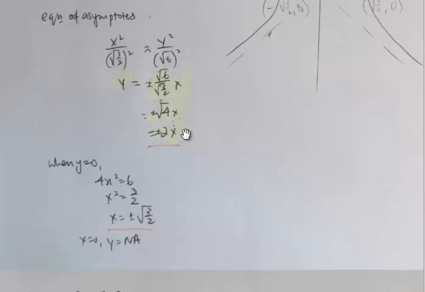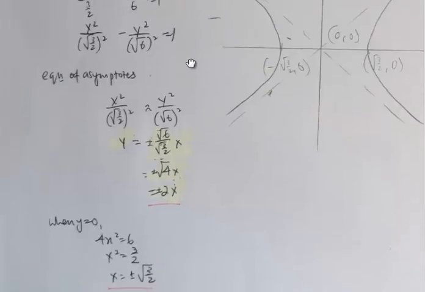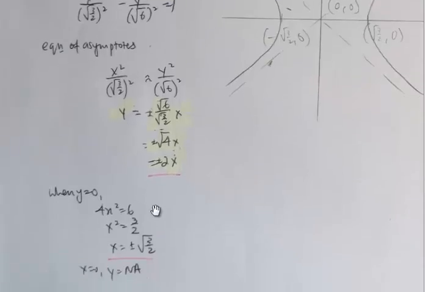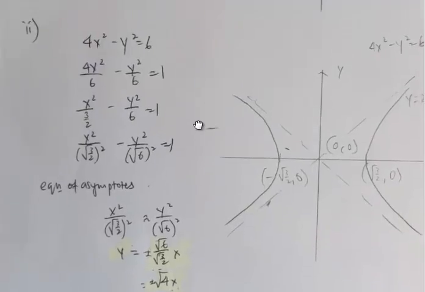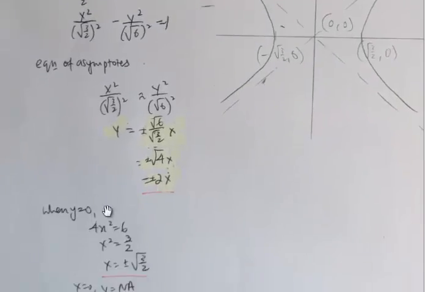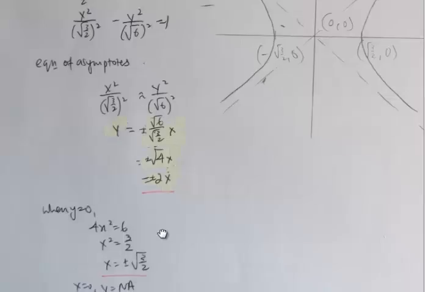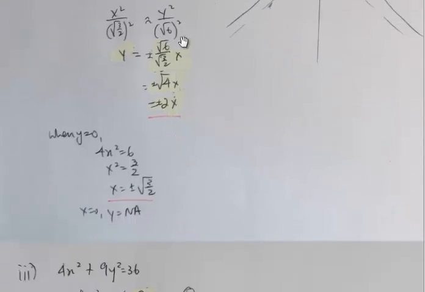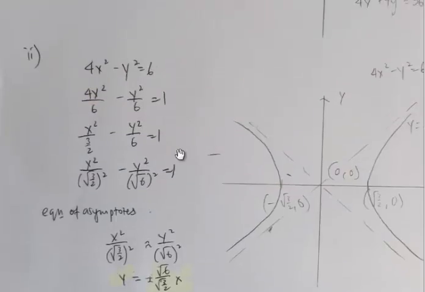To find the intercepts with the x and y axes, firstly we substitute y equals 0 into the equation. We get 4x squared equals 6. So x squared equals 3 over 2, x equals plus minus square root of 3 over 2. When we substitute x equals 0, you cannot find a value of y.